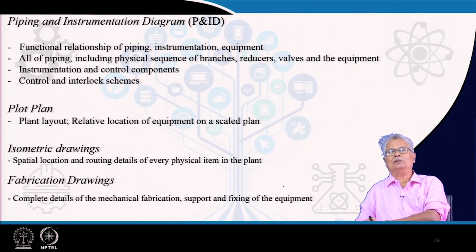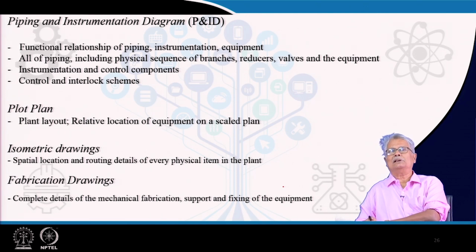All piping, including safety and any emergency handling facility, is also shown. The control and instrumentation components are shown here, and this gives us an idea of what exactly are the parameters controlled, what are the parameters measured, what are the relationships between the different individual equipment, and how material flows from one equipment to the other through the pipes.